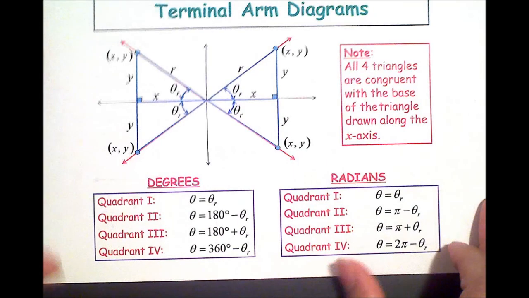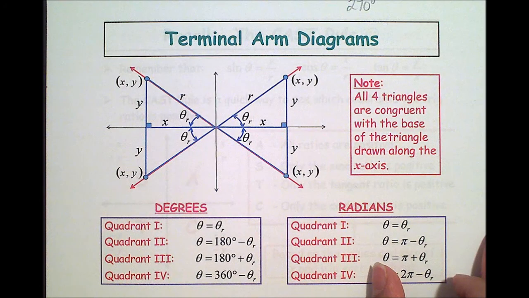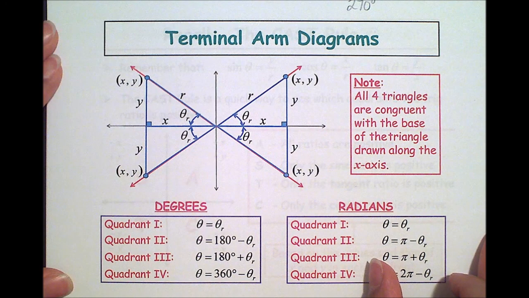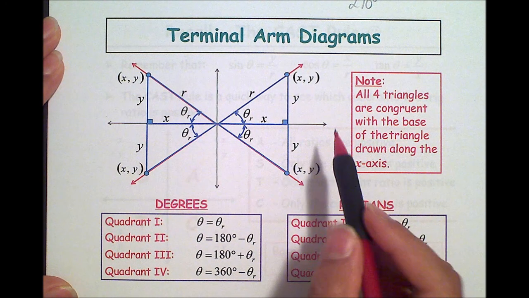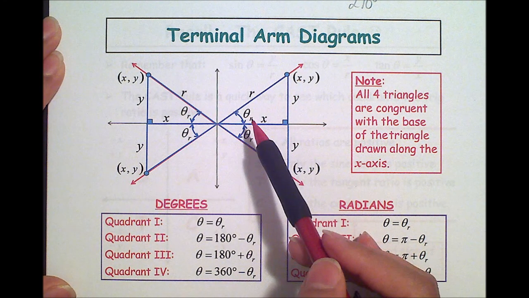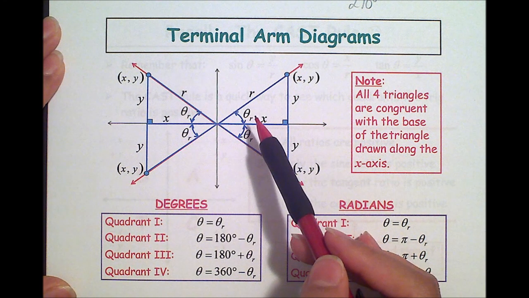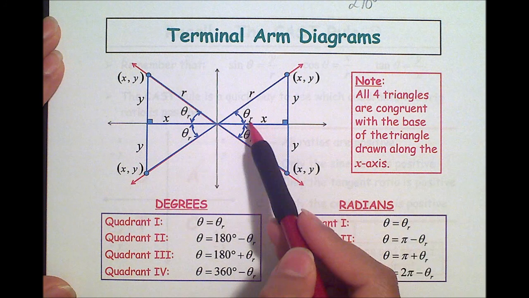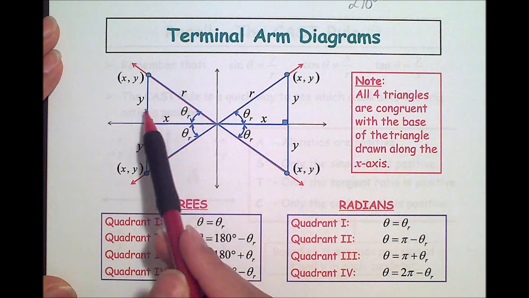When we examined terminal arm diagrams last year, we talked about how all the angles in the different quadrants are related to the related angle in the first quadrant. As long as you knew the related angle in quadrant 1, you were able to solve for the corresponding angles in quadrants 2, 3, and 4.